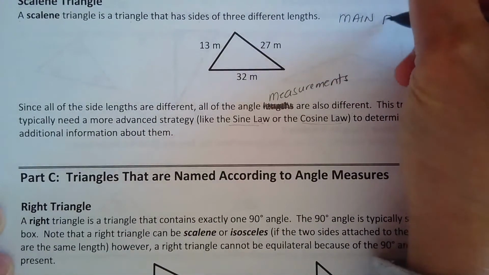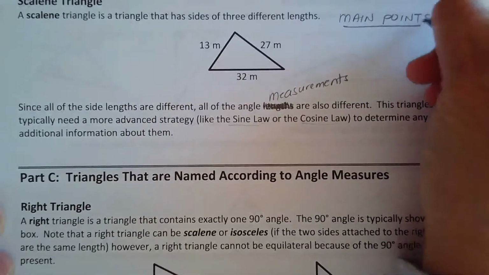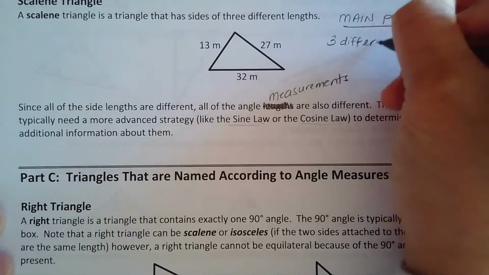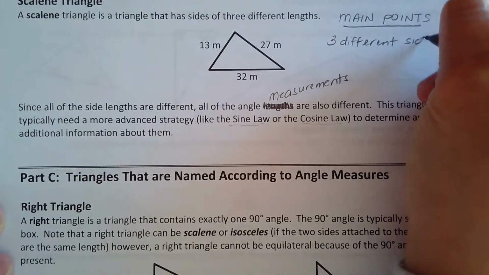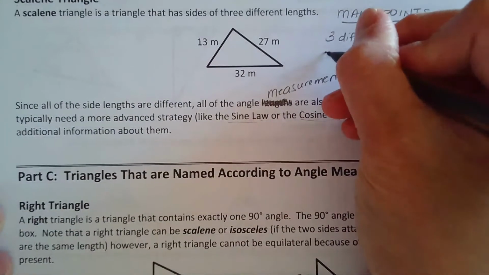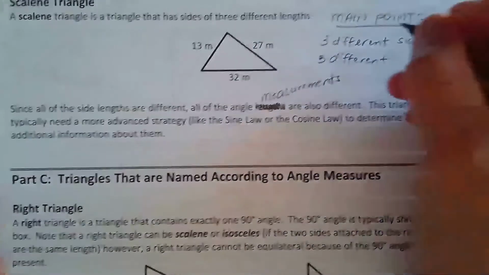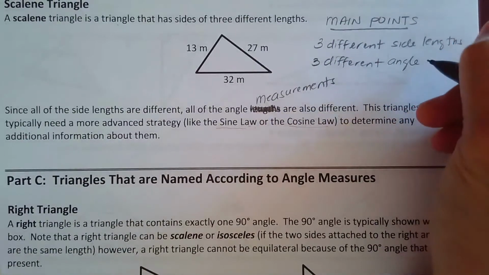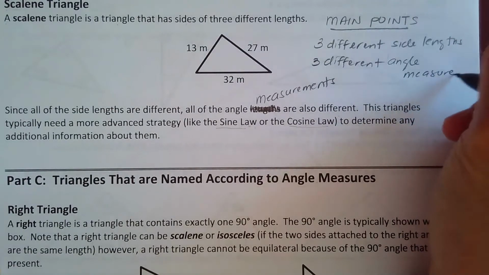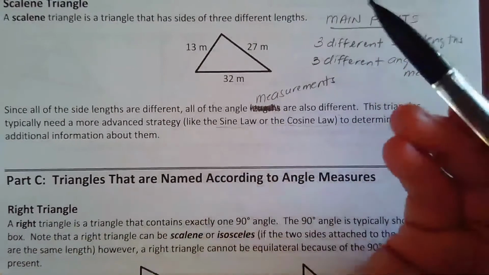The main points are three different side lengths and also three different angle measures. Right? Because they can't be the same.